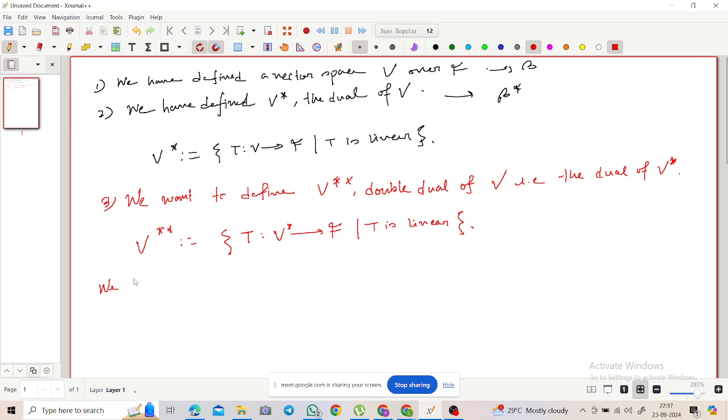We will show that if V is finite dimensional, then V star star is isomorphic to V.